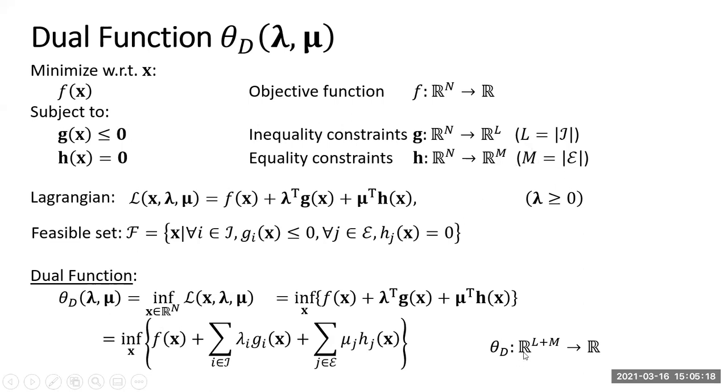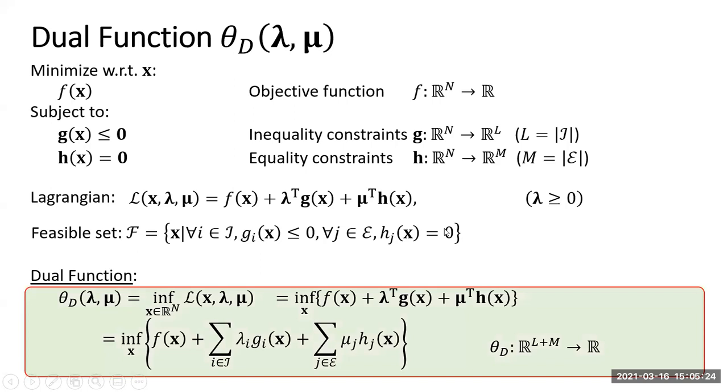So it's a mapping from L plus M dimensions to R. Okay, so this is the definition of the dual function. You see the contrast. What were we doing in the primal function? We were taking the supremum with respect to lambda and mu of this Lagrangian, right? And now we are taking the infimum with respect to x. Okay, so that's the dual function.